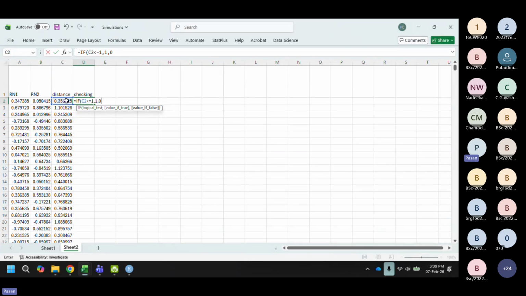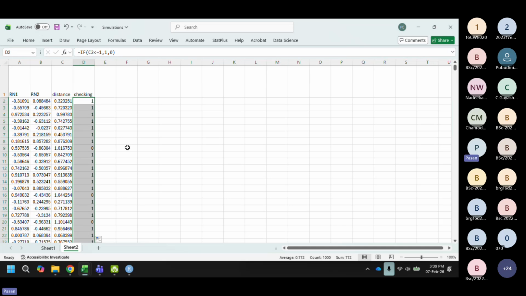Otherwise, I'm putting 0 as an incorrect one. So I put that, and you can see, this is 1. So I can get the numbers like that. You can see some of them are 0 and some of them are 1.